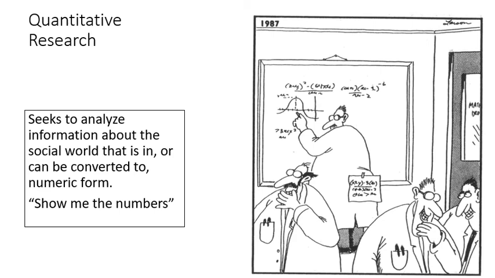Quantitative research is a term that captures a wide spectrum of different types of methodologies, but they all come down to research studies that try to analyze information about the social world that is already in numeric form or that can be converted into numeric form. Whenever you see a statistical analysis that has to do with people, that's a quantitative study.